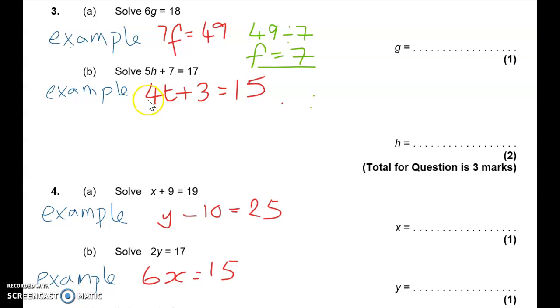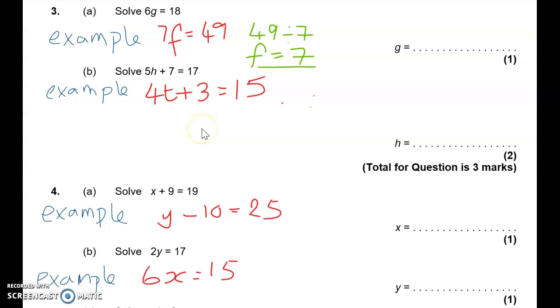Now, this question here, 4t plus 3 equals 15, is a little bit more difficult to work out without a method, without an inverse. So I'm going to show you using a function machine to work this out. If I knew what t was, what number it was, I'd do 4 times whatever number it is, plus the 3, and I would get 15 out.